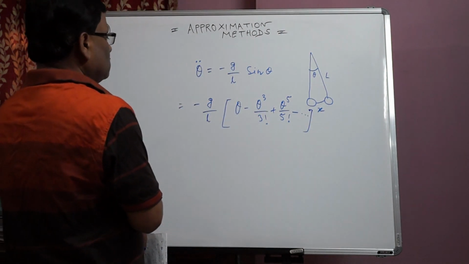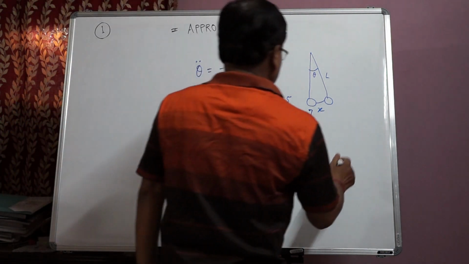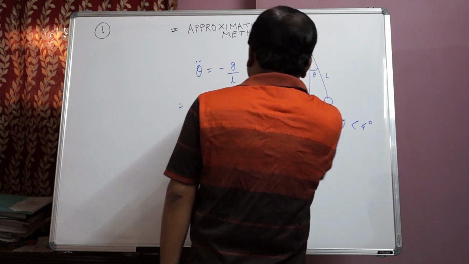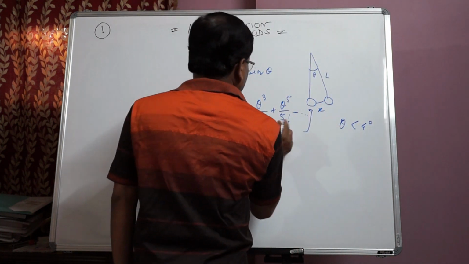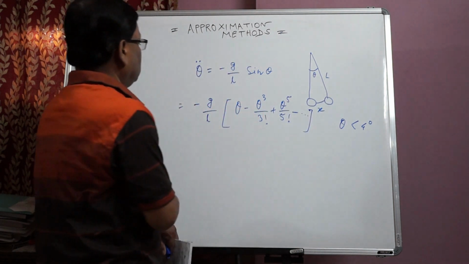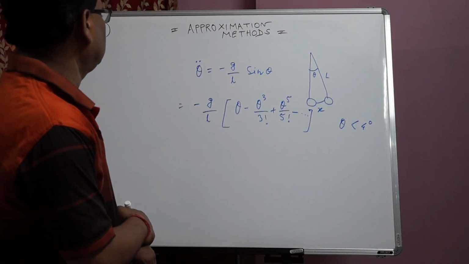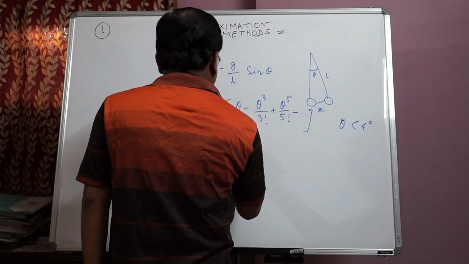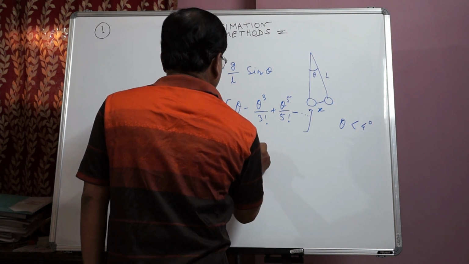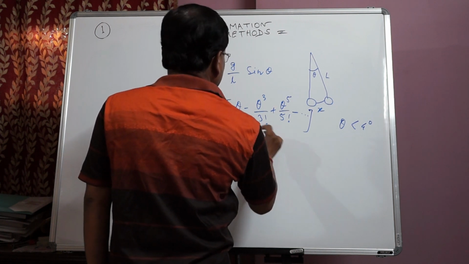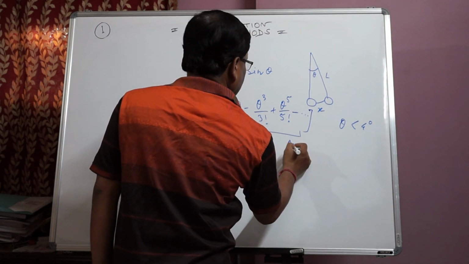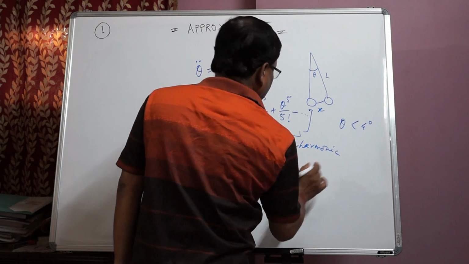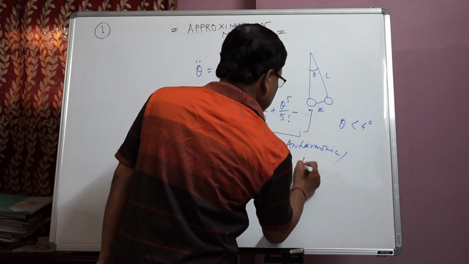So when theta is small, or when theta is less than 4 degree, in that case we can neglect theta to the power cube, theta to the power 5, etc. So this first part gives you the harmonic term, and the remaining part is the anharmonic term, or perturbation.